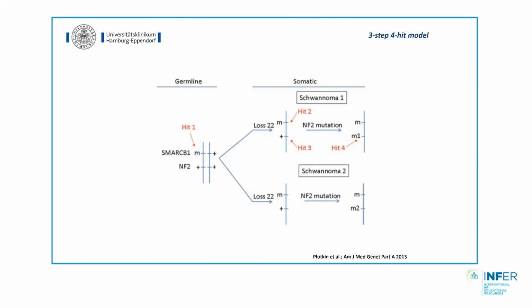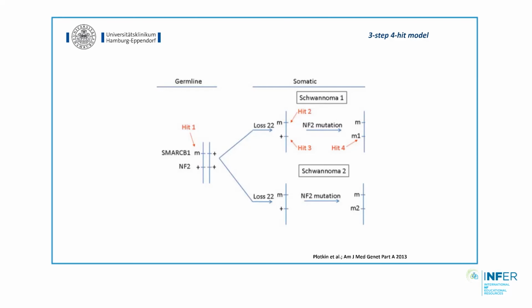With this in mind, a more stepwise process was hypothesized for non-NF2-related schwannomatosis and tumor formation. In this three-step, four-hit model, different genes on chromosome 22 are affected. After the germline mutation, in this case SMARCB1, different changes on both chromosomes happen: loss of one chromosome 22 and mutations or deletions of the remaining SMARCB1 and NF2 gene.